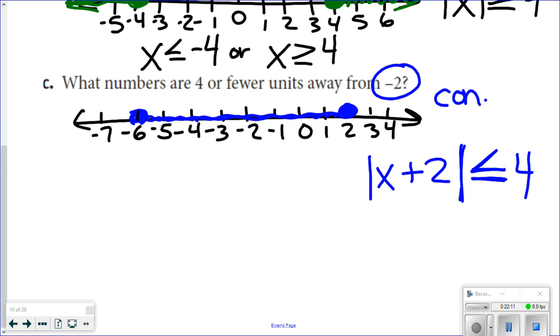I apologize. So -6 is our minimum, our first number. Hopefully you all caught my mistake. Our highest number is 2. X is in between those. And x is greater than or equal to -6, and x is less than or equal to 2.